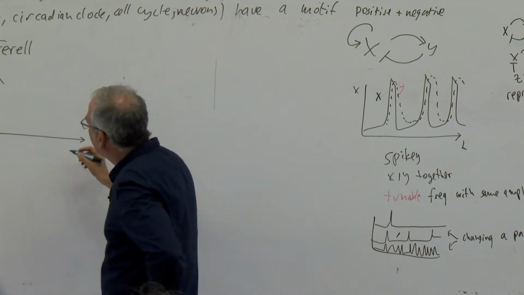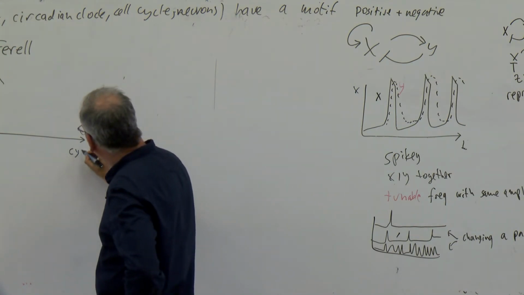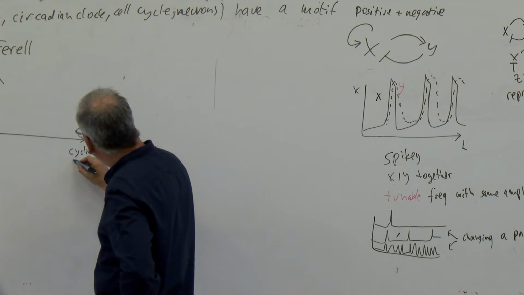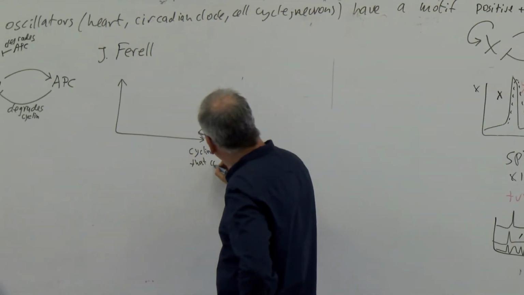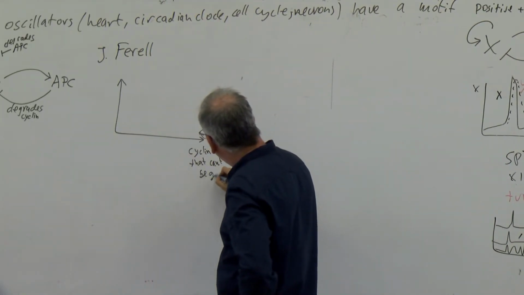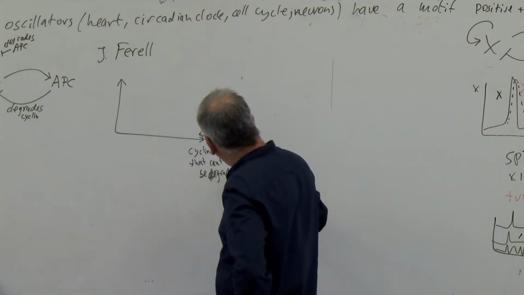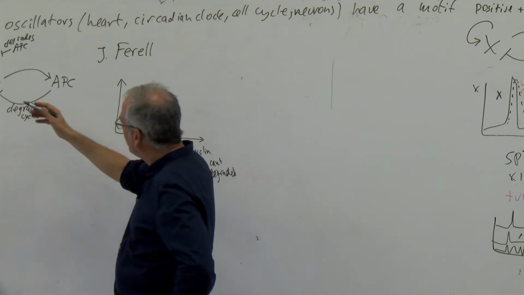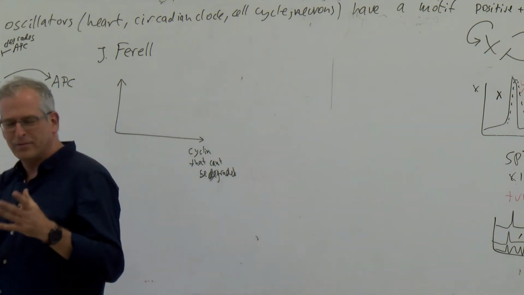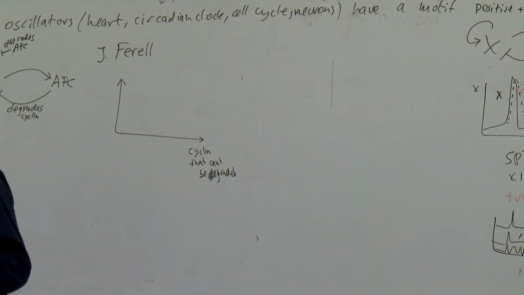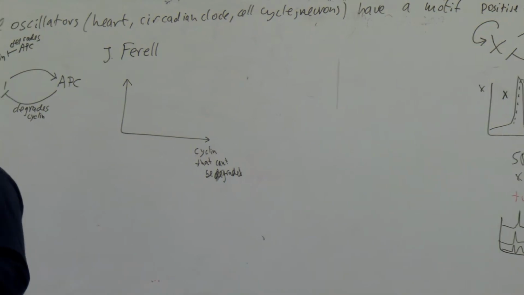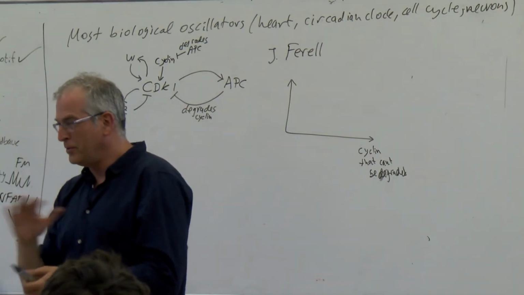And the way he did it, he took cyclin that can't be degraded, and he started adding it to an extract of frog eggs. He chose frog eggs because they're big eggs that you can make a juice out of and study in the test tube, and they still show the cell cycle in the test tube without DNA and without anything.